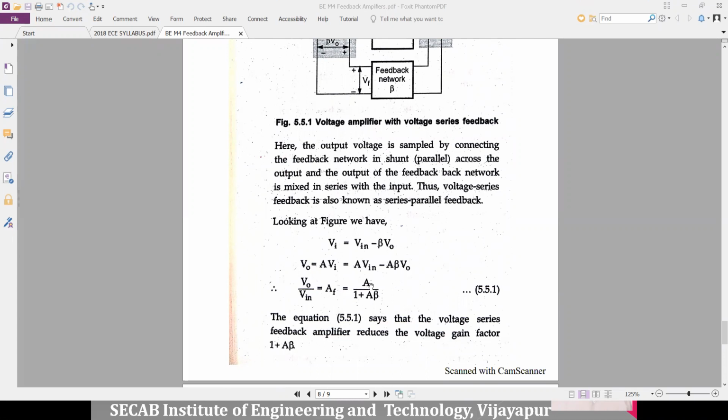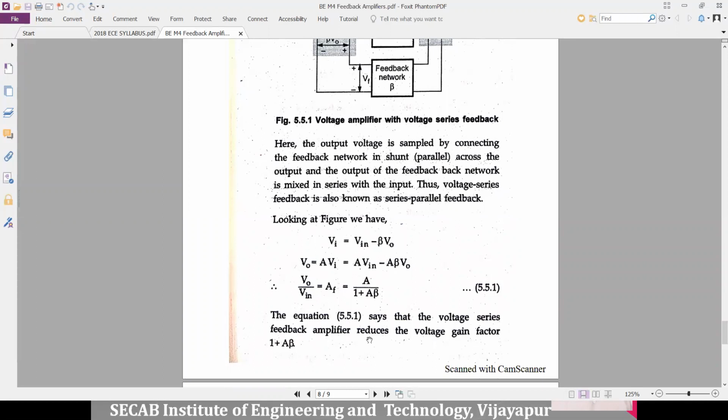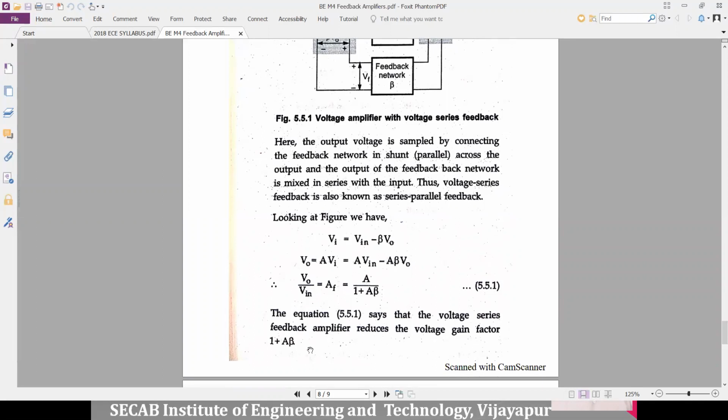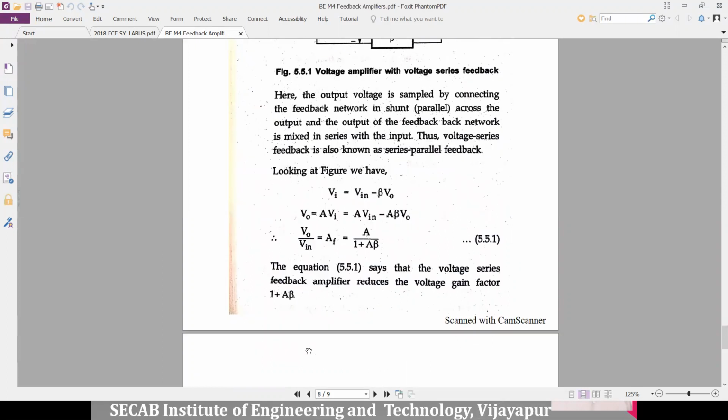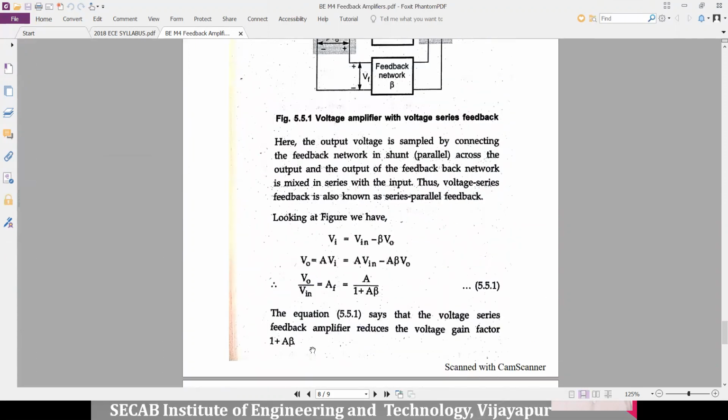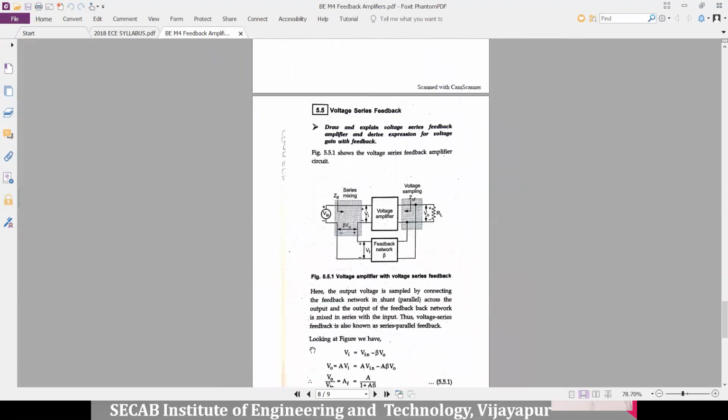What is A? It is the gain of the amplifier. Whatever A factor is there, it is divided by 1 plus A beta. This reduces the gain of the voltage amplifier by a factor of 1 plus A beta. This is all about voltage series feedback.